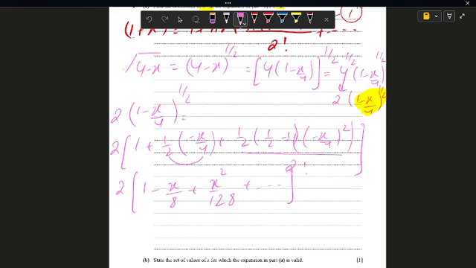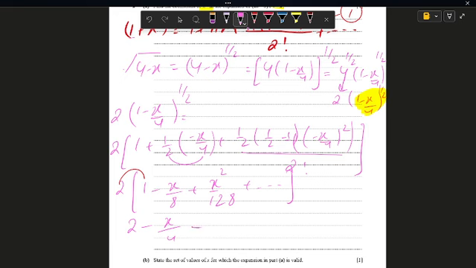That gives me 2 minus x by 4. Once I multiply 2 inside, 2 times 1 is 2, 2 times of x by 8 is x by 4 obviously. So 2 minus x by 4 minus x square by 64 plus so on.